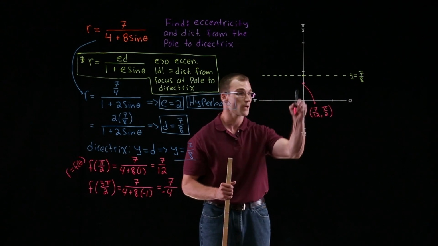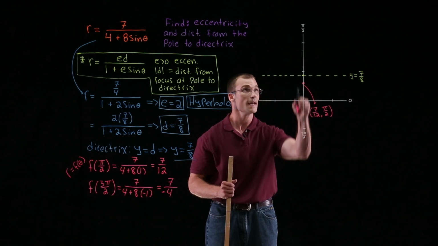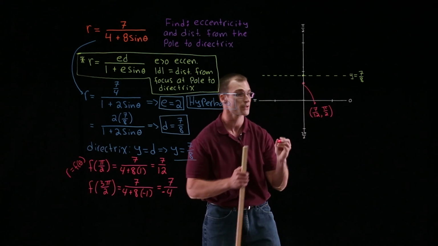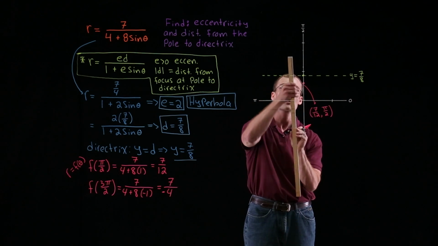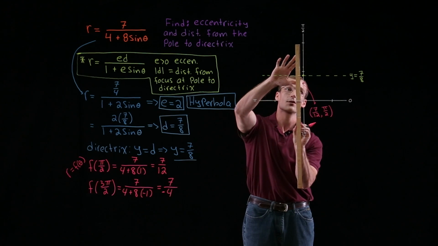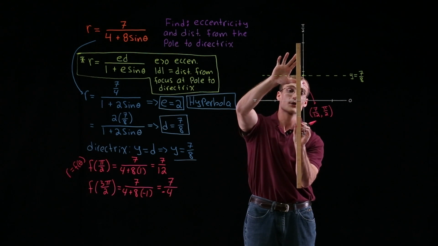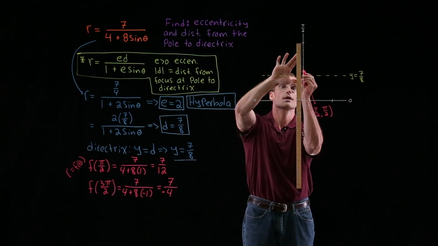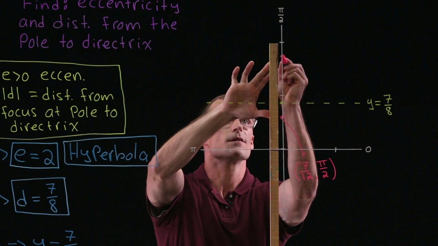Our second vertex is at angle 3 pi over 2 with r equals -7/4, so up in the opposite direction. From our origin, we come up 7/4, which is 1 3/4, or 1.75.